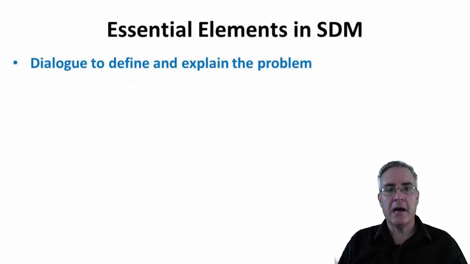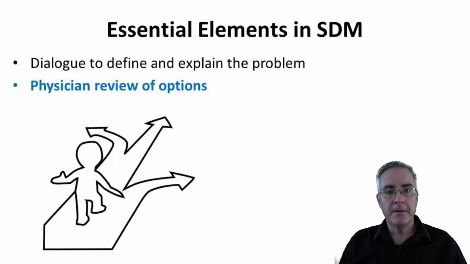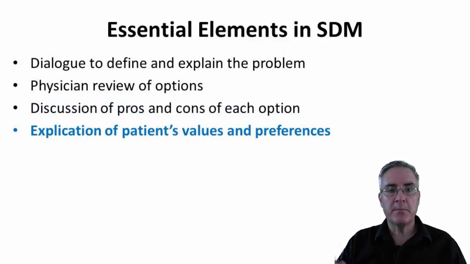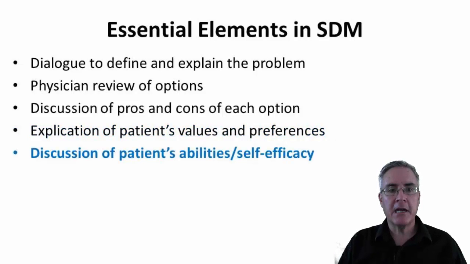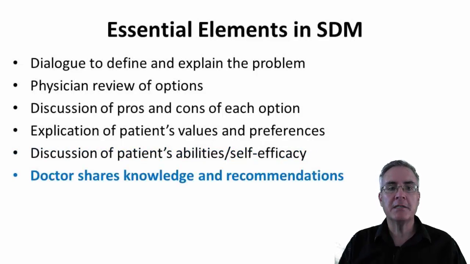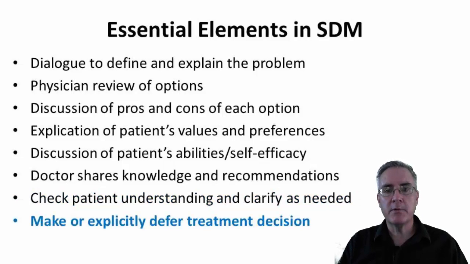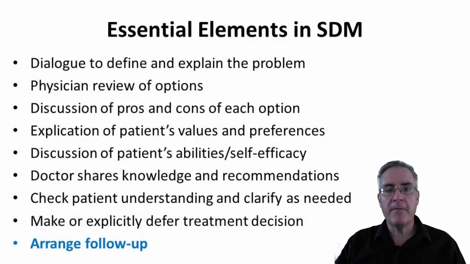The essential features are a dialogue between the doctor and patient to define and explain the problem, physician review of options that are available to the patient, discussion of the pros and cons of each option, explorations of patient's values and preferences, discussion of the patient's abilities and self-efficacy, doctor shared knowledge and recommendations, doctor checking a patient's understanding and clarification if needed, the making of an explicit treatment decision or an explicit decision to defer until later the treatment decision, and finally, arrangement of a follow-up visit to review the decision and its outcomes.